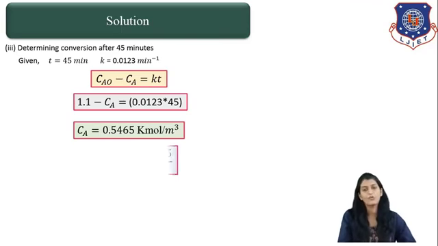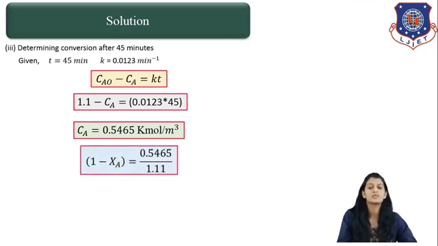Now use the formula of Ca equals Ca0 into 1 minus Xa. By using that formula, 1 minus Xa can be made the subject and Ca by Ca0 is kept on the other side of the equation.